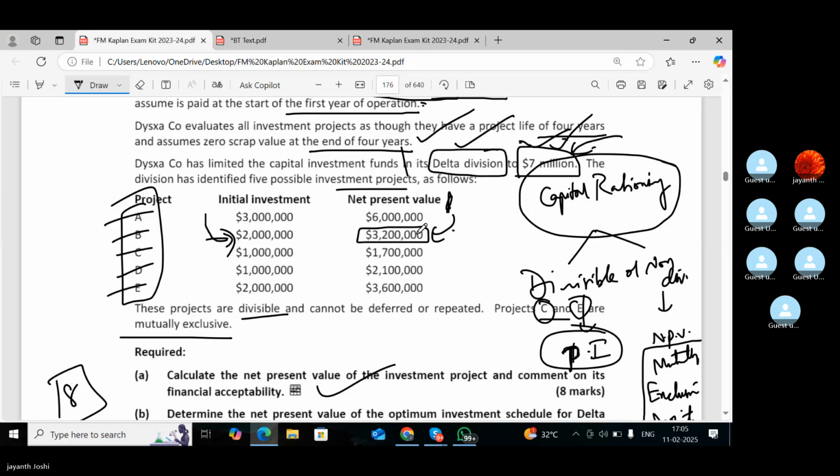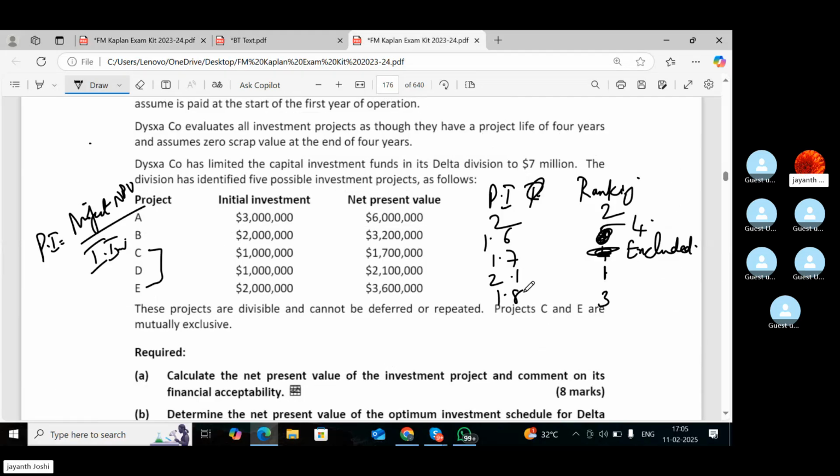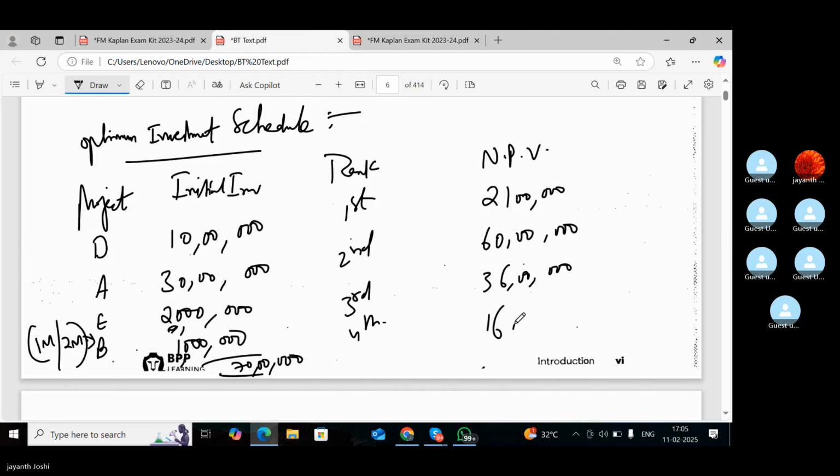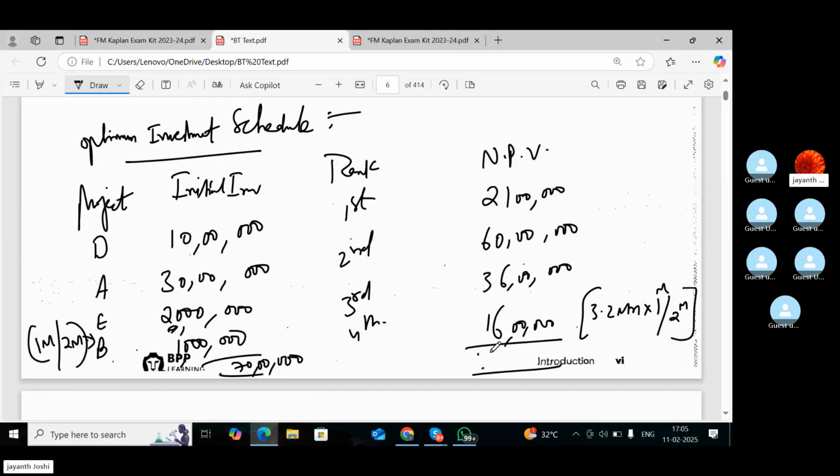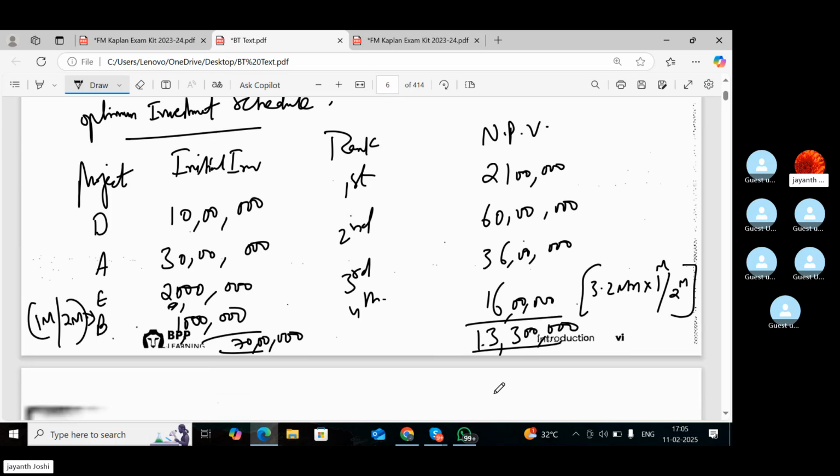Fourth one, as you know, we can take the full, we'll take 1 out of 2 million. Okay. So totally the NPV we have got is 13.3 million. So NPV of this optimum investment schedule is 13.3 million. Okay. For Delta division.